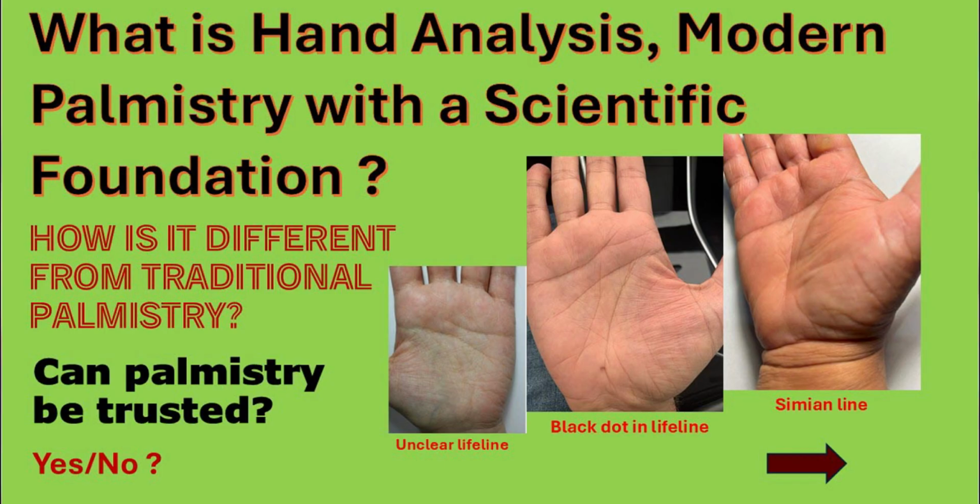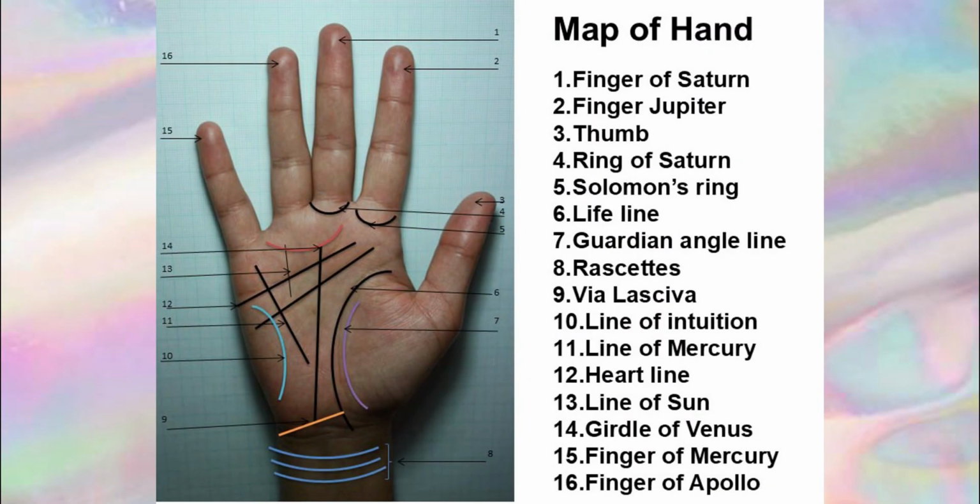Now first, what is traditional palmistry? Palmistry utilizes a planetary system derived from astrology. The hand and the lines reflect symbolism associated with heavenly bodies including the sun, moon and various planets.